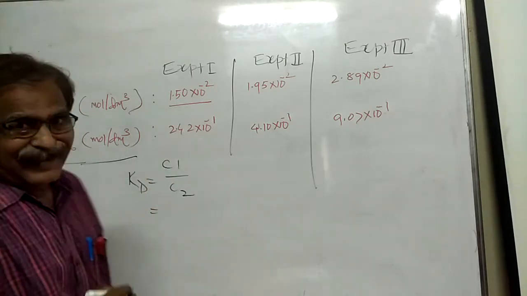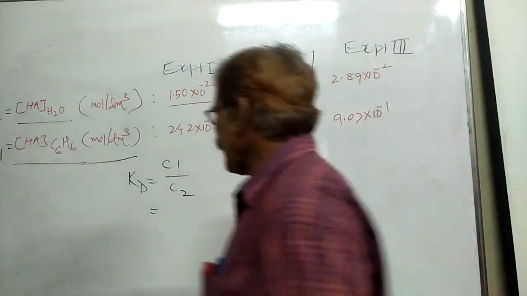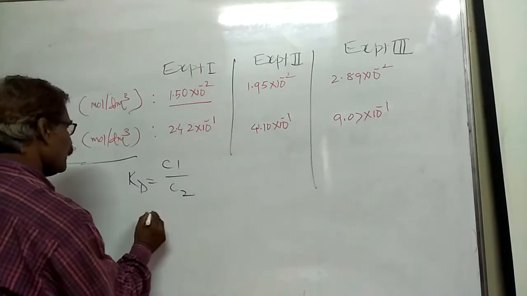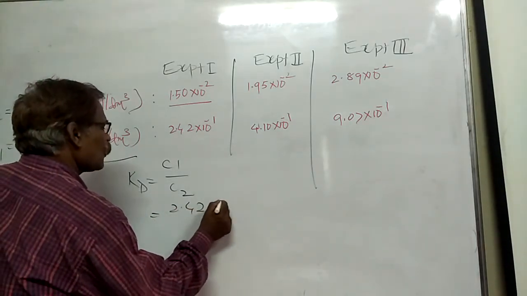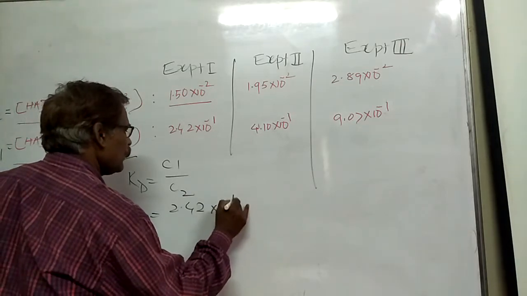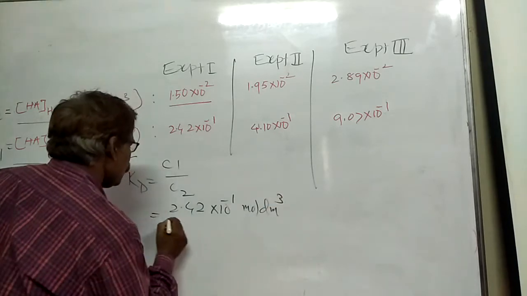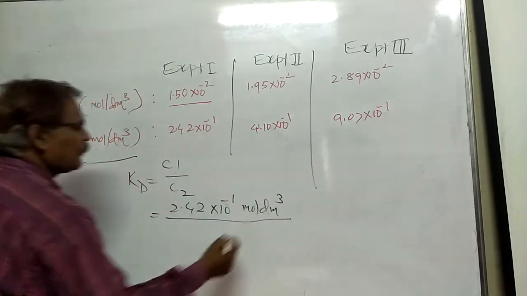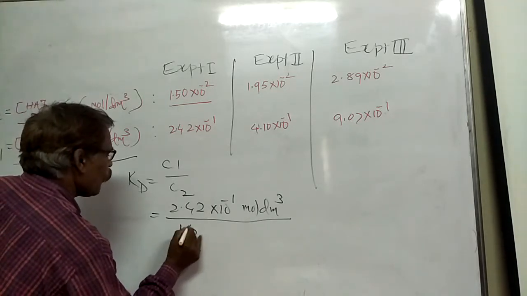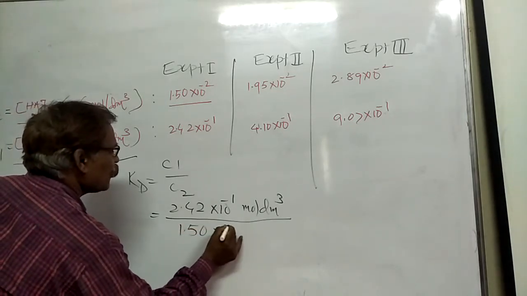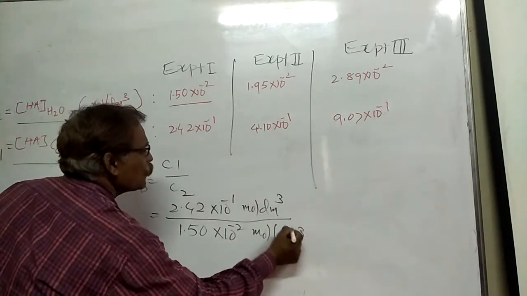Here C1, the concentration of acid in benzene, is 2.42 into 10 to the power minus 1 moles per dm cube, and the concentration of organic acid in water is 1.50 into 10 to the power minus 2 moles per dm cube.